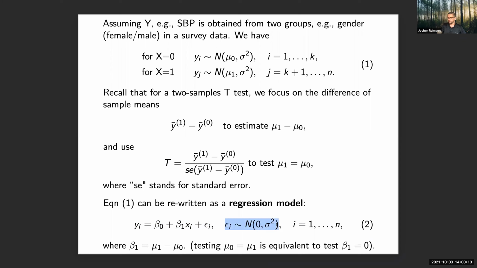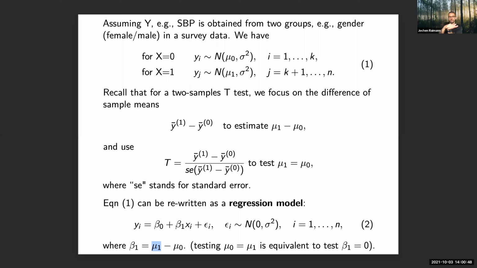This error is considered to be normally distributed around a mean of 0 with a variance sigma squared. This again includes the entire sample population, where beta 1 constitutes the difference mu 1 minus mu 0. We talked about this last time, right? You take the mean of the reference value, and then you add the coefficient. This is our intercept, plus the error.